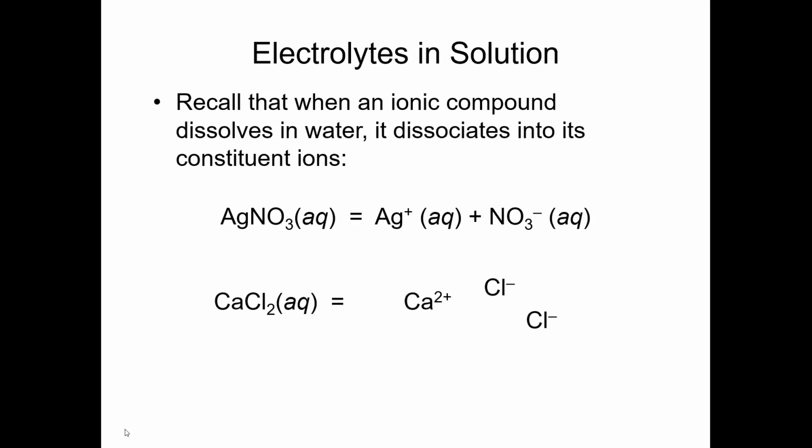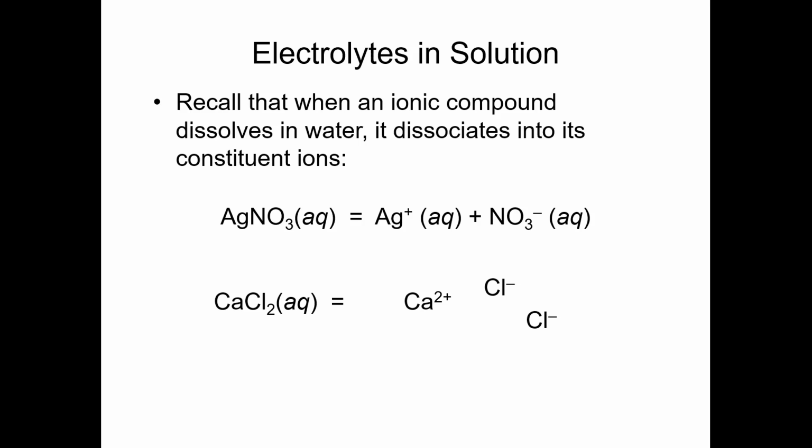Think of a compound like calcium chloride, in which there is one calcium ion and two chloride ions in the formula unit. So if I have a mole of calcium chloride that is dissolved in water, what I'm really saying is that I have a mole of calcium ions plus 2 moles of chloride ions, and they have all separated from each other and diffused away from each other.